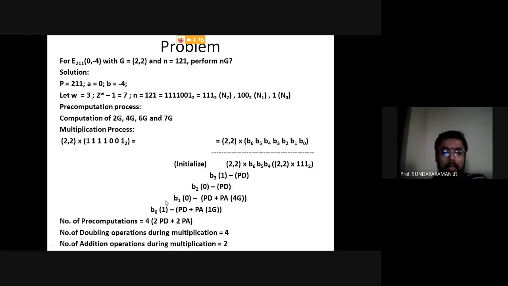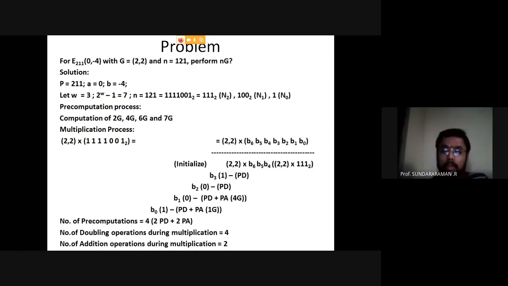Number of doubling operations during multiplication is 4 because one doubling, again one more doubling, for B1 another doubling, for B0 another doubling, so 4 doublings. Again, at the end of B1, we do one more addition, and for the last bit, one more addition process.